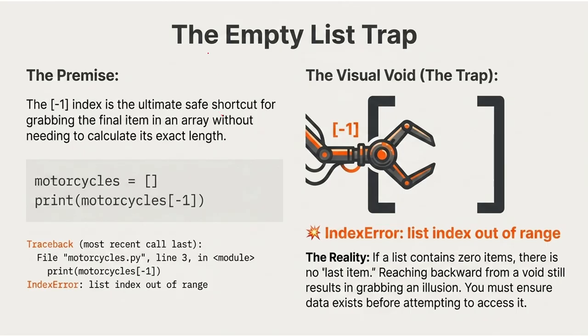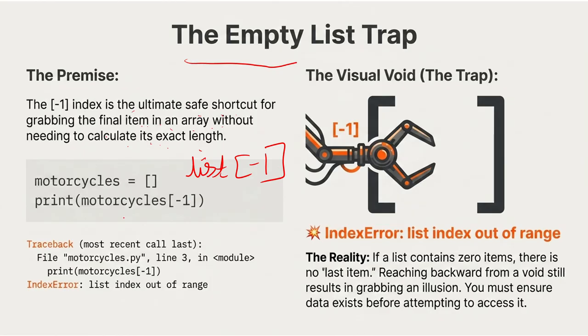Next is the empty list trap. So what is this? The minus 1 index is the ultimate shortcut for grabbing the final item in an array without needing to calculate its exact length. What does it mean? A lot of times, in order to get the last item of the list, you will use the list and then minus 1.